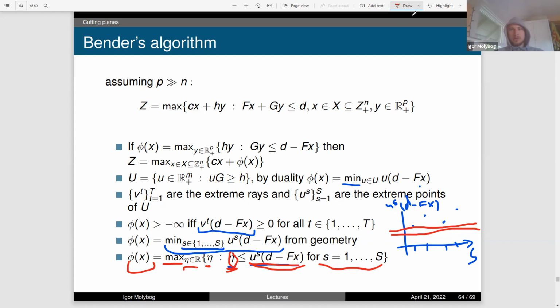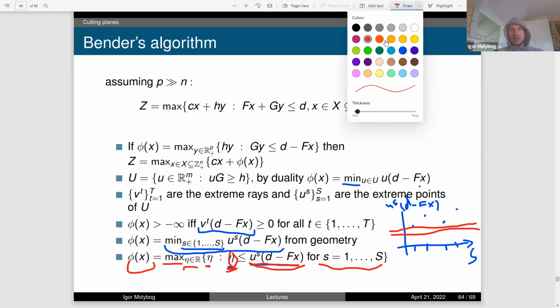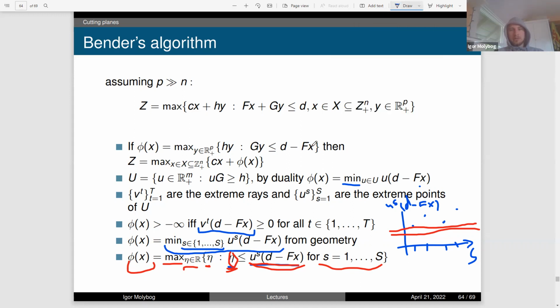Is this obvious to anyone? Is it obvious that these two problems are equivalent? Like phi of x that is defined over here and phi of x that is defined over here.